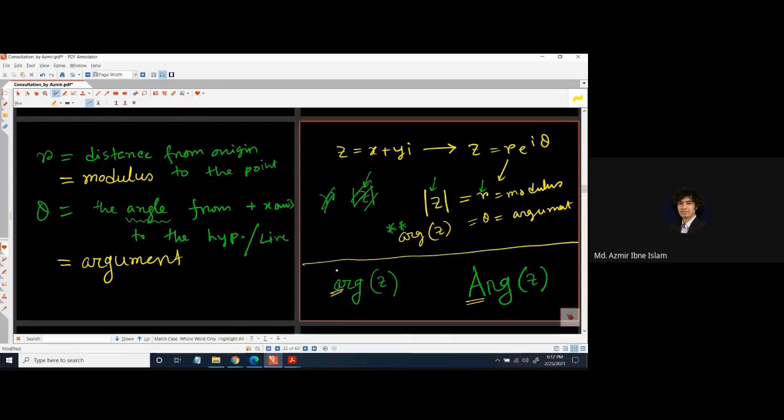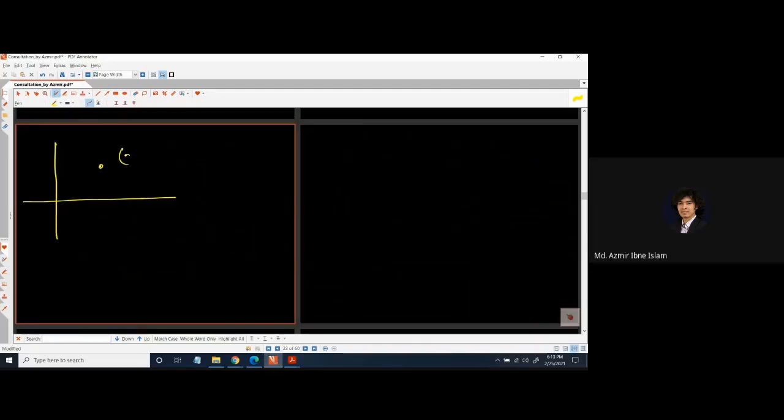We will try to discuss this later, but for now, remember there is a difference between small argument of z and capital argument of z. So we have a point x, y, and this is modulus r, and this is theta, and also you know that this horizontal distance is x, and this vertical distance is y.